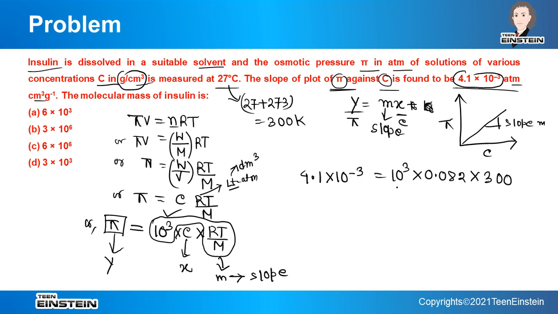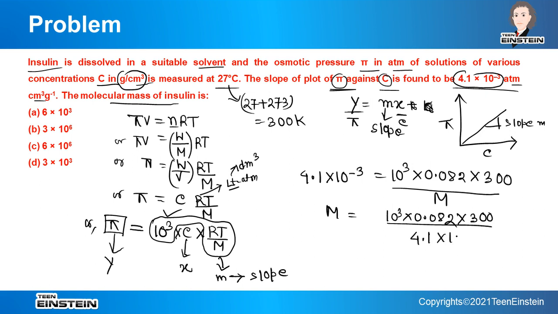The molecular weight is the unknown value that we have to find out, the molecular mass of insulin. So m will be equal to 10 to the power 3 into 0.082 multiplied by 300 divided by 4.1 into 10 to the power minus 3.